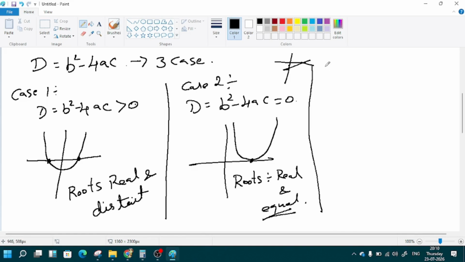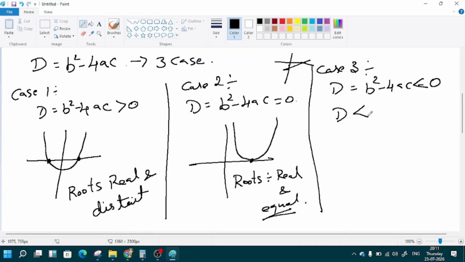Okay, now we'll see case 3. Case 3, discriminant equal to b square minus 4ac is less than 0. So the first case is greater than 0, the second case is equal to 0, and the third case is less than 0.